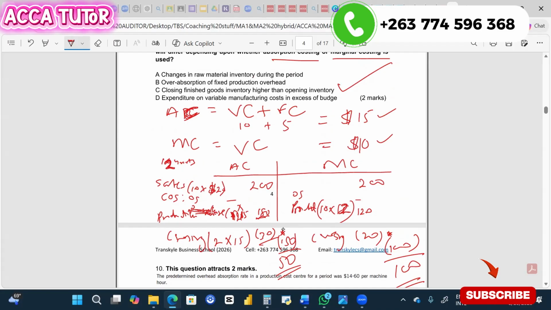But my question is the aspect of marginal costing being higher, giving us the profit which is larger than absorption costing.